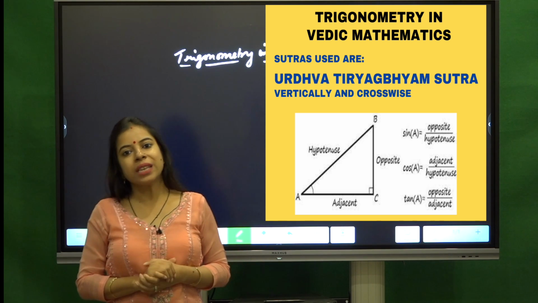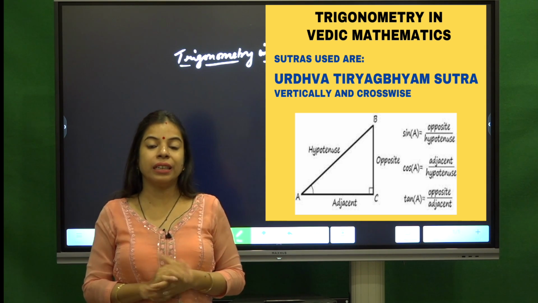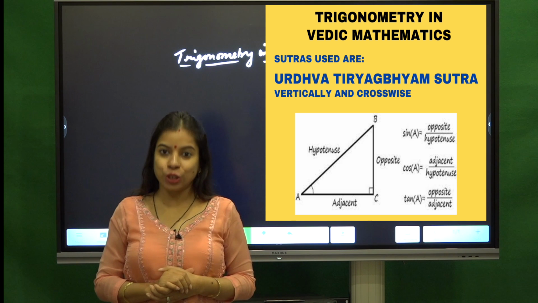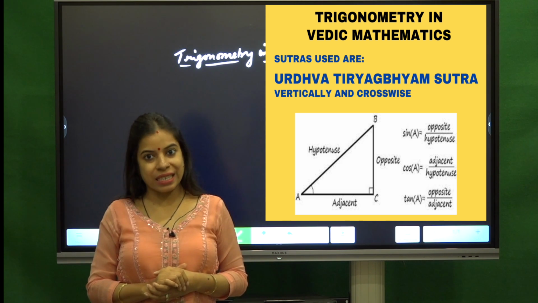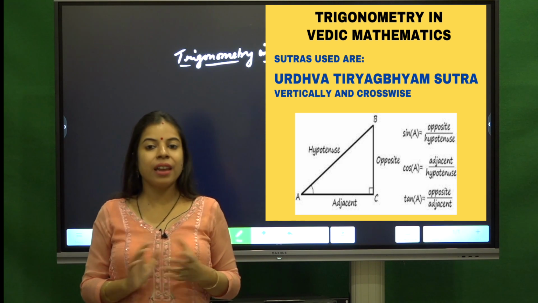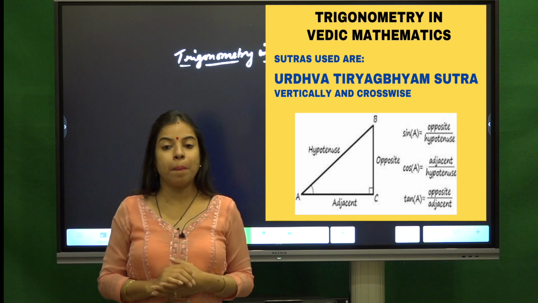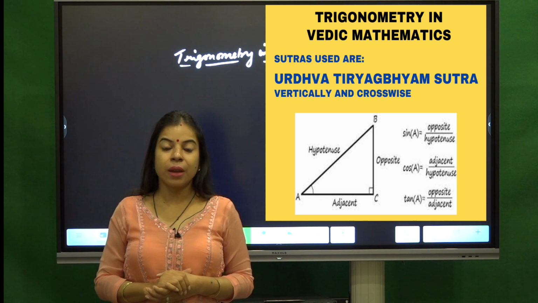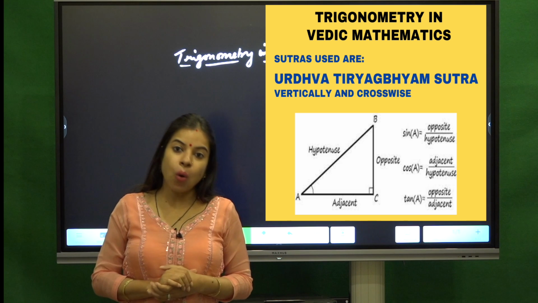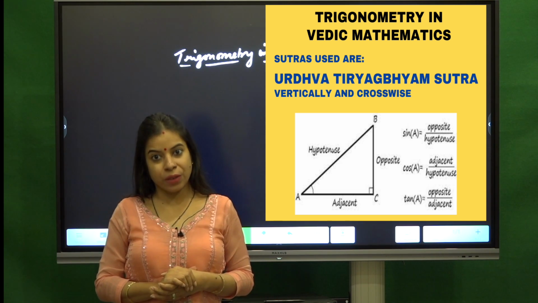It has various applications in different fields like astronomy, electronics, physical sciences, navigation, etc. It is helpful in measuring the height of buildings, towers, mountains, and also the distances between two rivers.